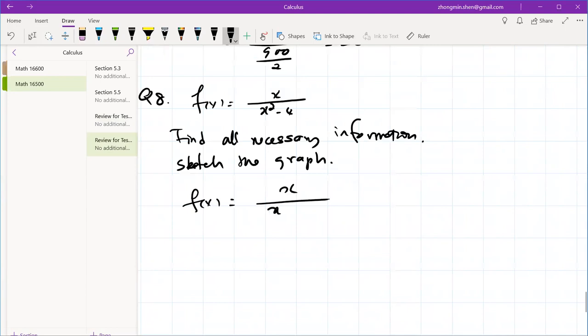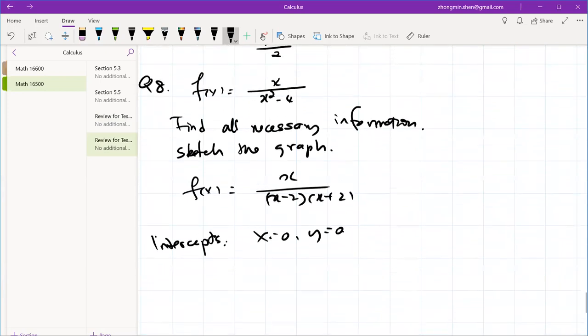It's going to be x minus 2, x plus 2 here, right? So what are the intercepts? Intercepts, okay, I think it's clearly when x equals 0, y is 0. Okay, there is no other intercepts. Then I write down the asymptotes.